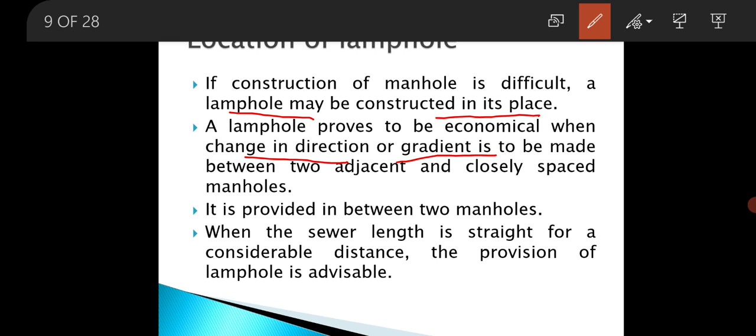And also it can be provided in between two manholes, and when the sewer length is straight for a large distance beyond the usual spacing, then the provision of lamp hole is advisable.